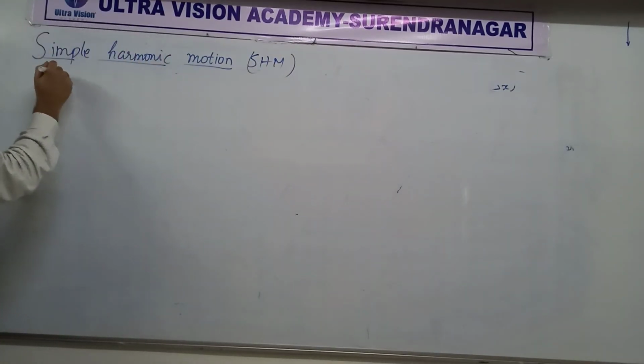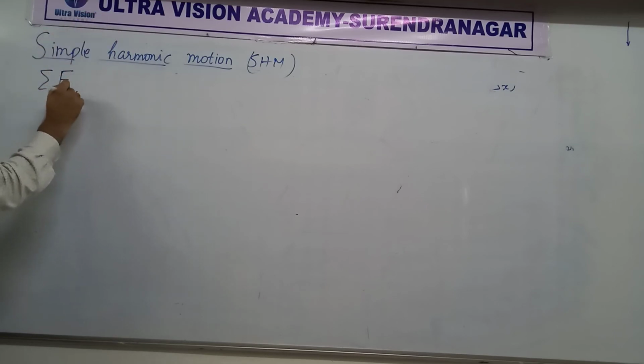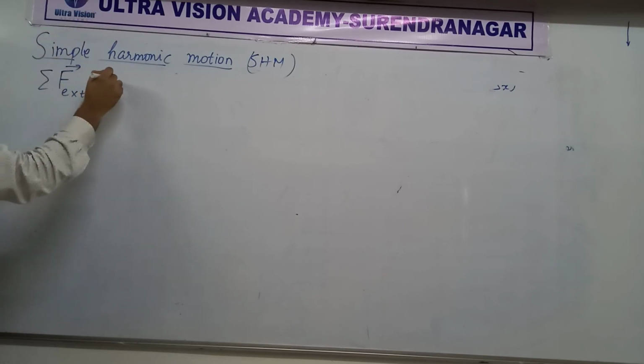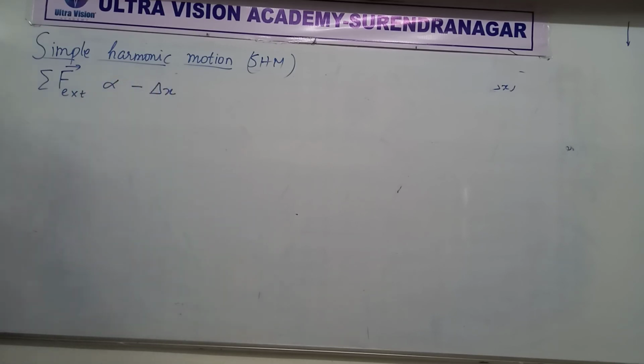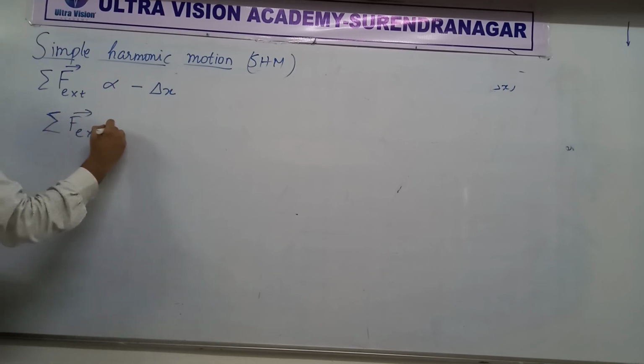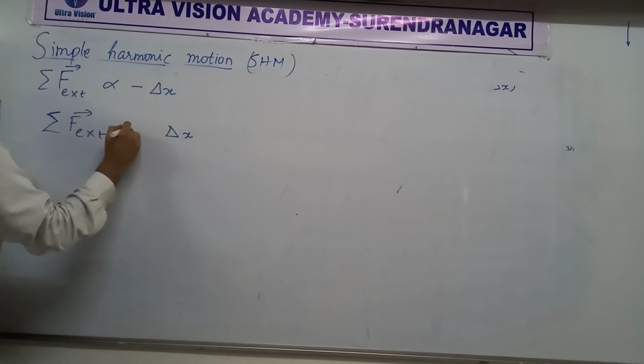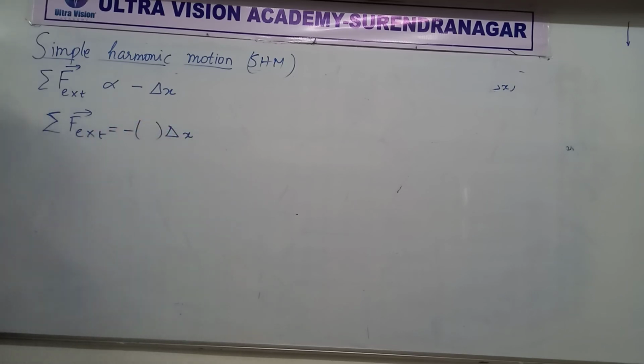So in SHM we are seeing that sigma F external is proportional to minus delta x. So if we remove proportionality, obviously we should get a constant. Yes or no? So that constant, we are going to write it here.